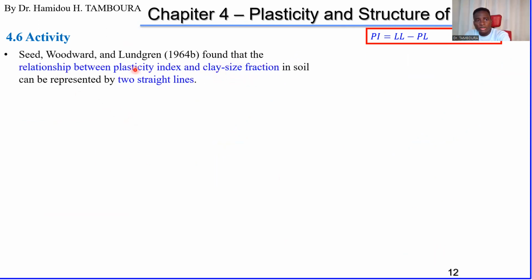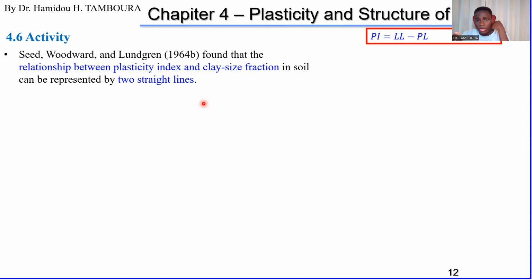So they found that the relationship between plasticity index and clay fraction can be represented by two straight lines, because there is a possibility that the relationship will pass through the origin. It's also possible that it doesn't pass through the origin.